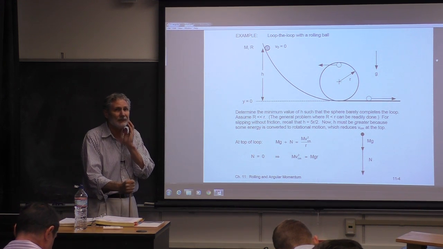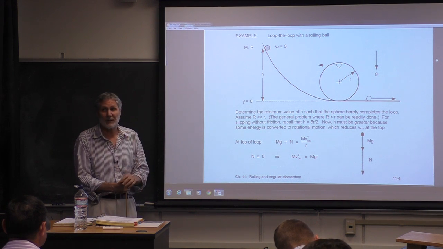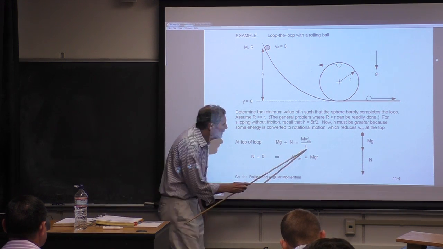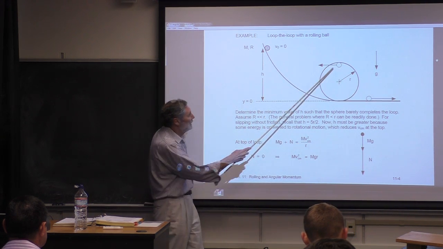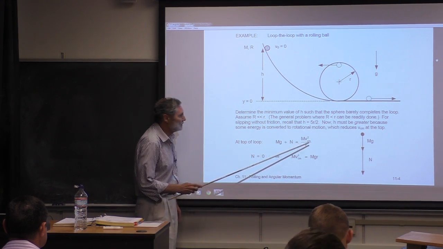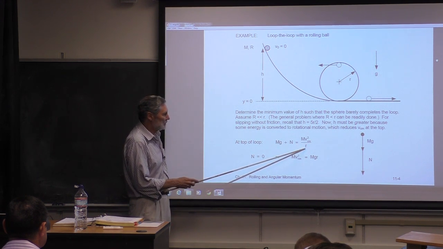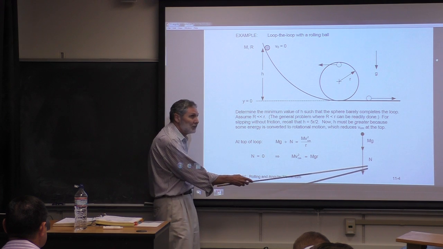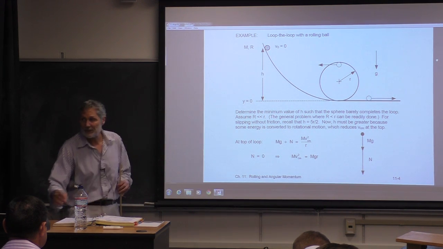And then the net force is the total mass times the acceleration of the center of mass. So we're being careful here. And because right at the top here it's uniform circular motion, we use v squared over r as the acceleration. Again, we set the normal force equal to 0. That's the critical condition. It just barely remains in contact.